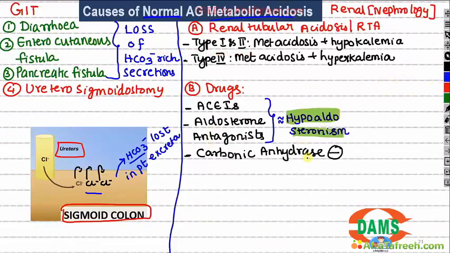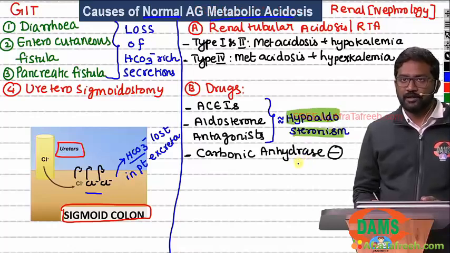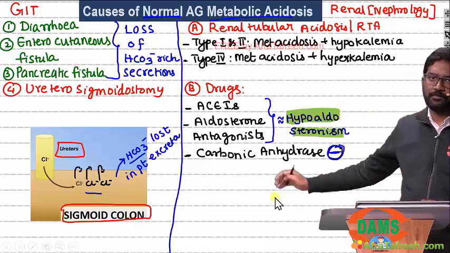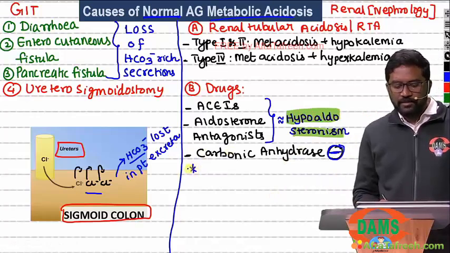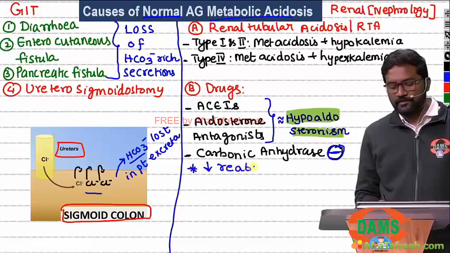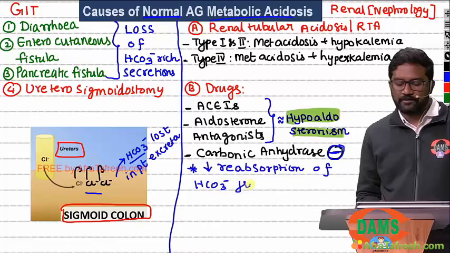Then coming to carbonic anhydrase enzyme, where is it actually helpful? Carbonic anhydrase enzyme is required for reabsorption of bicarbonate in proximal convoluted tubule. Now if you inhibit this enzyme by drugs such as acetazolamide, a carbonic anhydrase inhibitor, there will be decreased reabsorption of bicarbonate from PCT.